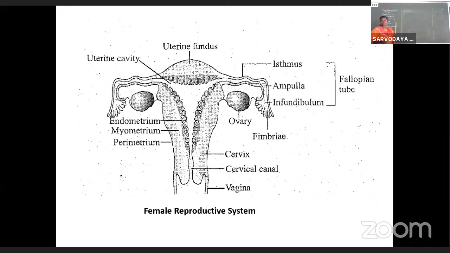Please remember, the parts included in the female reproductive system are a pair of ovaries, followed by a pair of oviducts, followed by the uterus or the womb, followed by the cervix. The uterus continues. The neck of the uterus is referred to as the cervix. The cervix continues into a duct, which is referred to as the vagina, which opens to the outside through the vaginal opening, followed by another important part, the mammary gland.